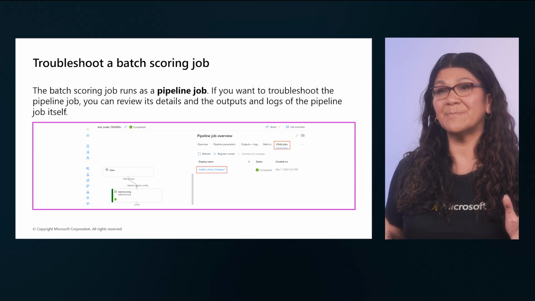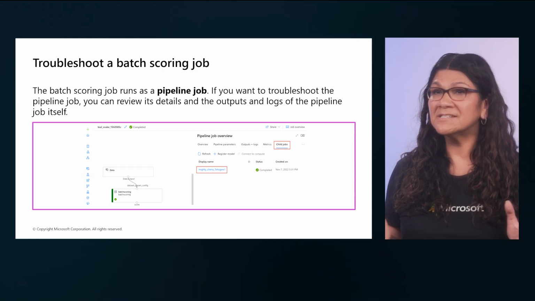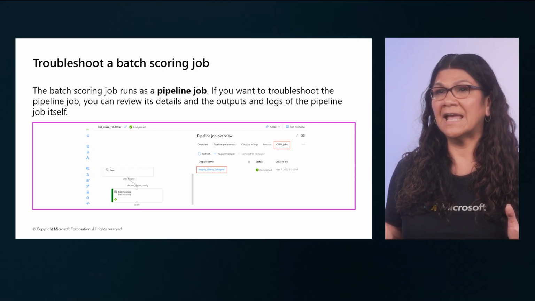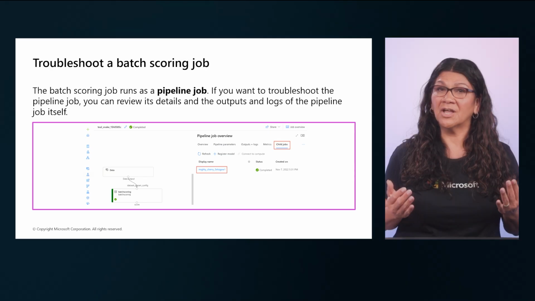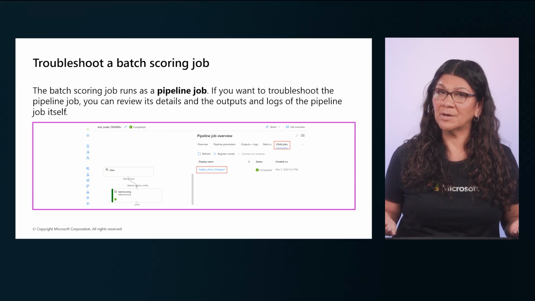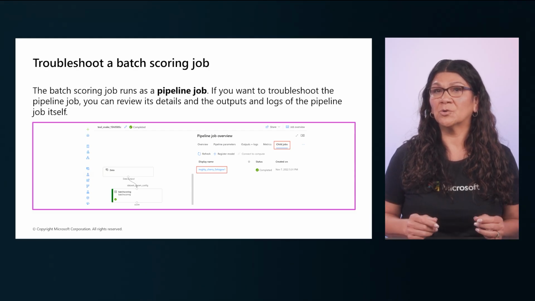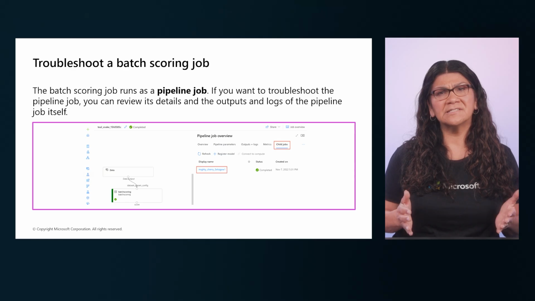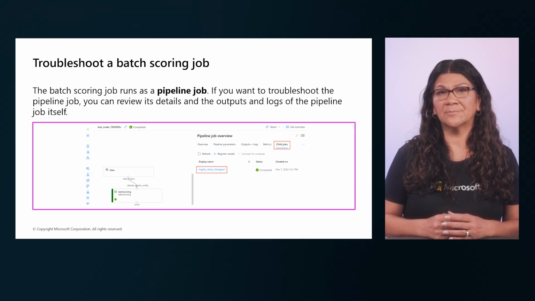If you batch score thousands of customer records for churn and the job fails, the logs quickly reveal whether the issue was a data processing problem or an error in the scoring code, allowing you to fix it and rerun the job faster.